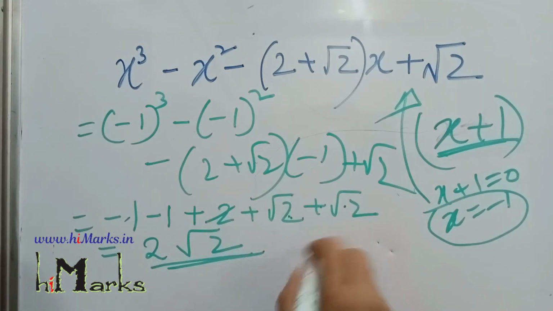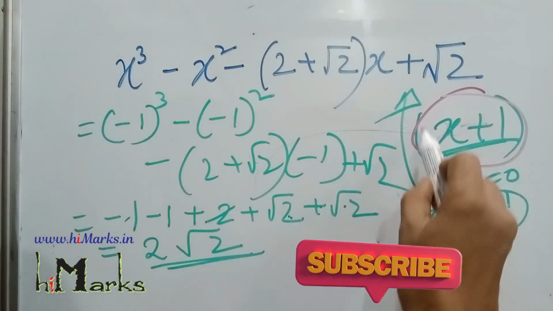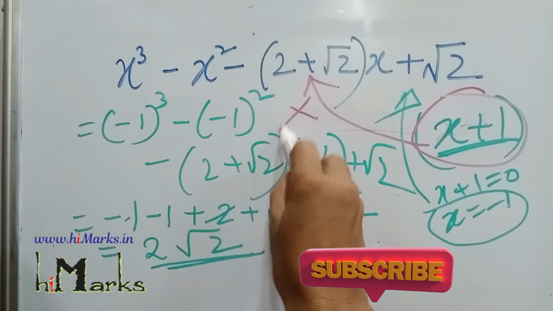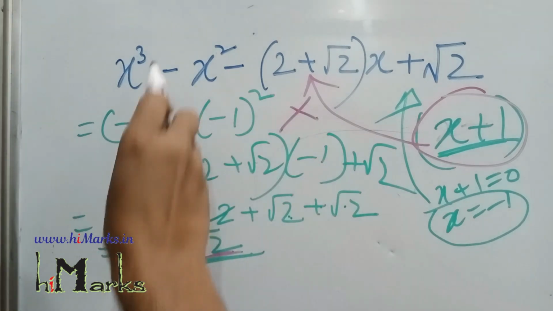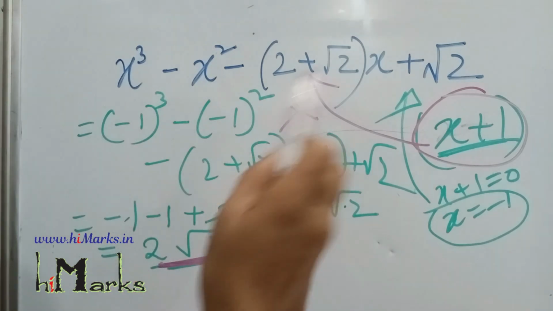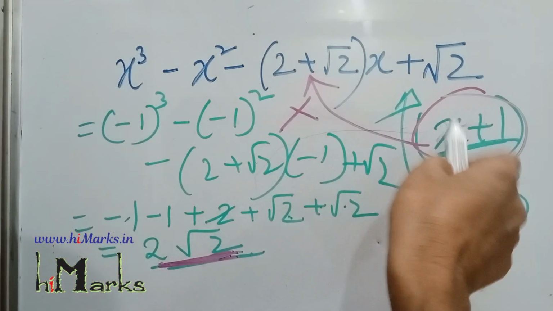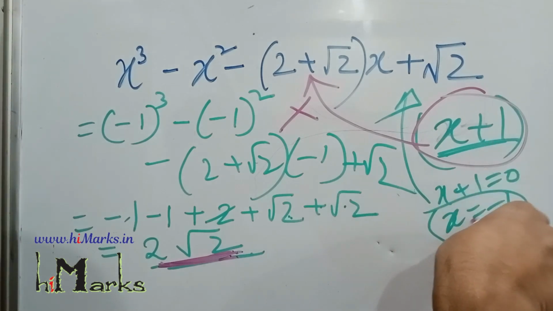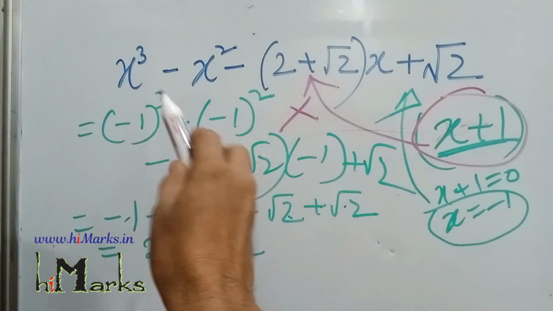So x plus 1 is not a factor of this, because after putting the value, this polynomial does not become 0. That is, it is not a zero of the polynomial. That means this is not a factor, and that's why x plus 1 is not a factor of this expression.